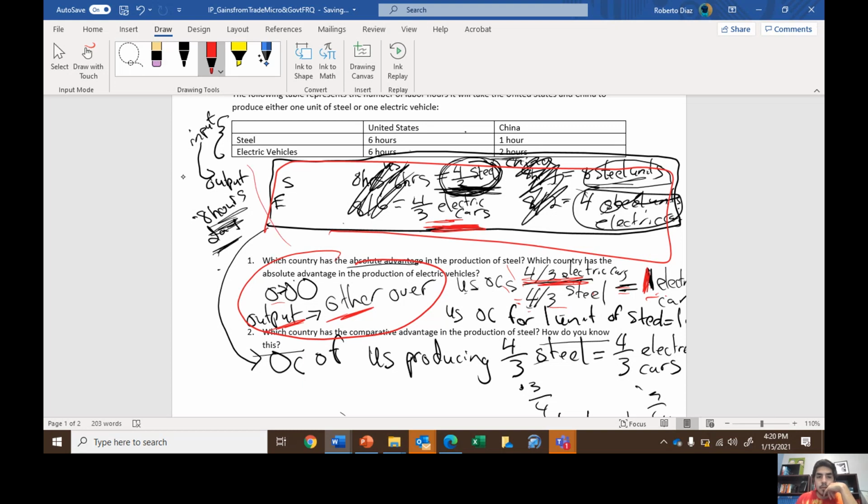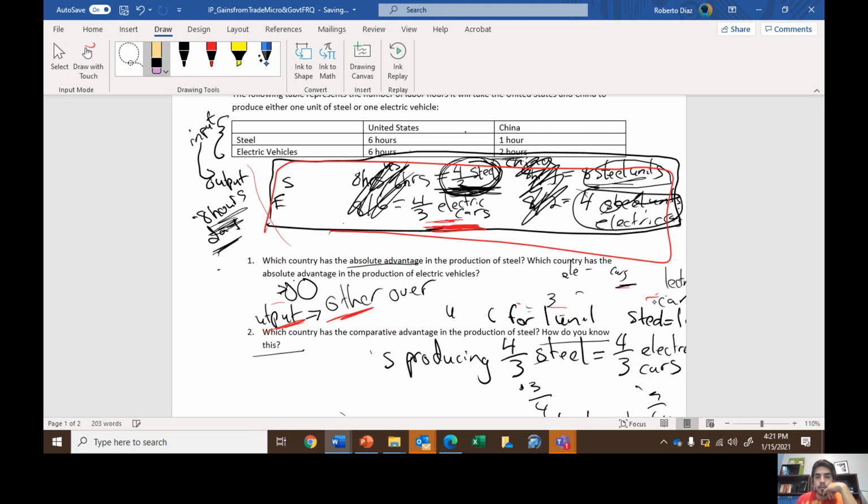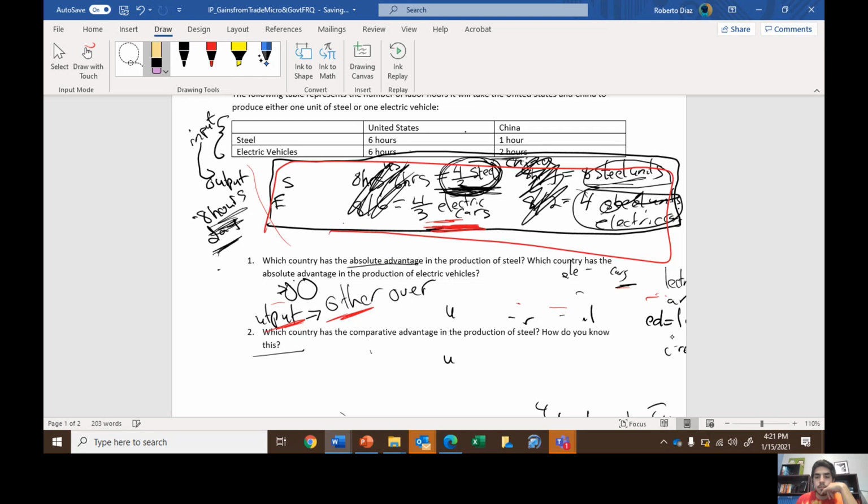Let's look at it with the other example. Again, we can do output other over, so our output for China.